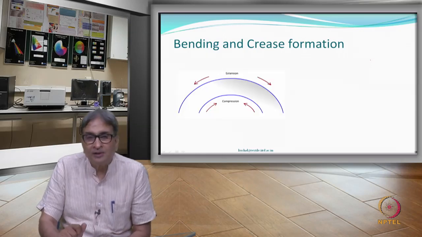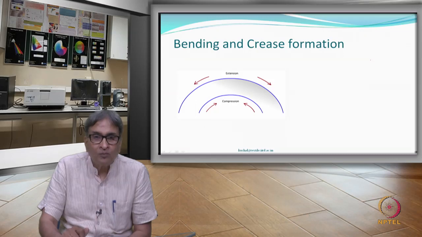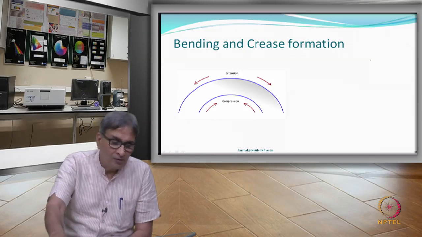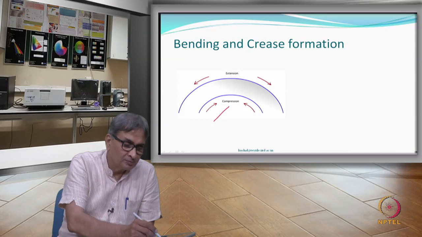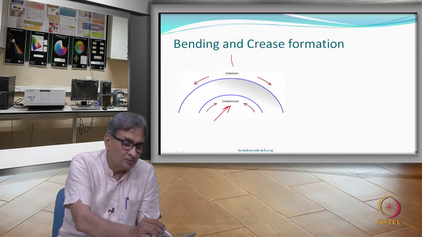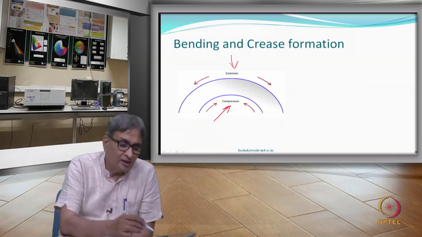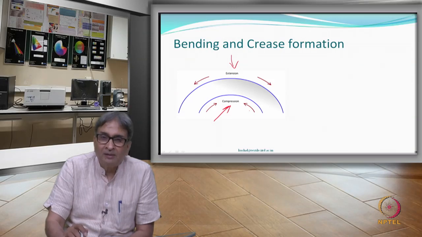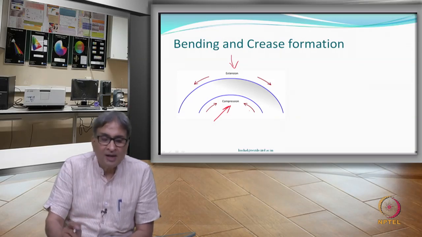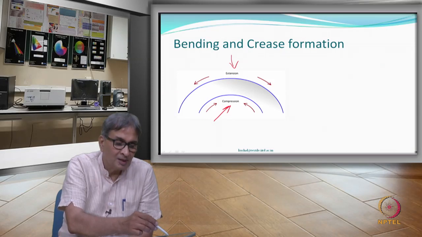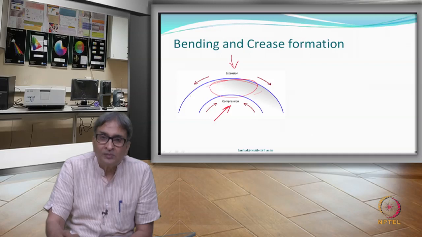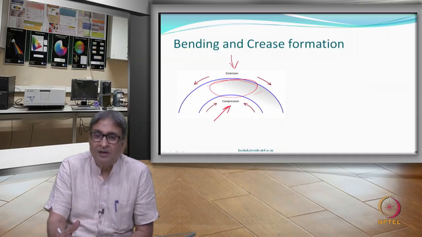One of the interesting things is, whenever you bend anything, in this case maybe a fiber, you will always get a compression zone and an extension zone. The outer side obviously is getting extended, the inner portion of the bend is getting compressed, and therefore, there must be some strain and stresses getting developed in this region, because mechanically you are doing it.